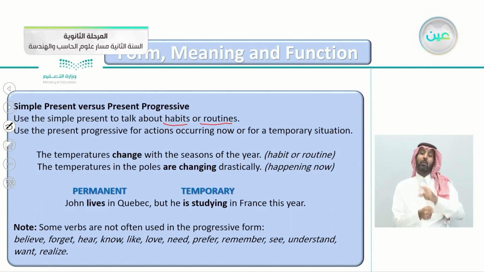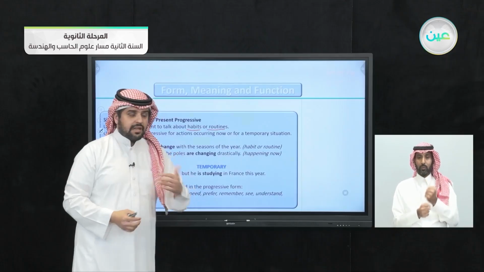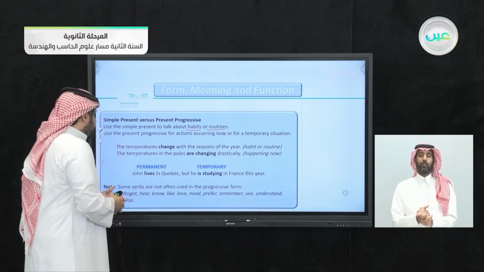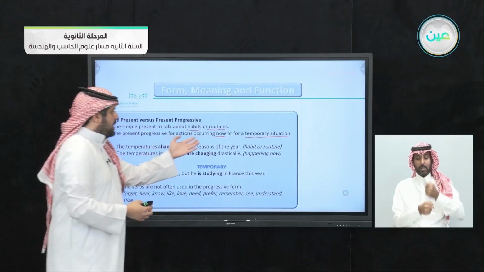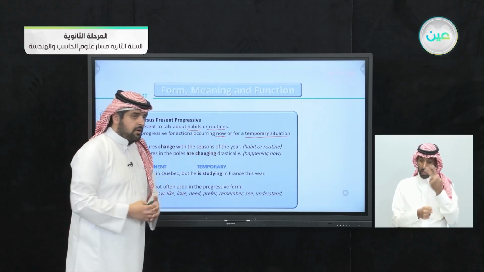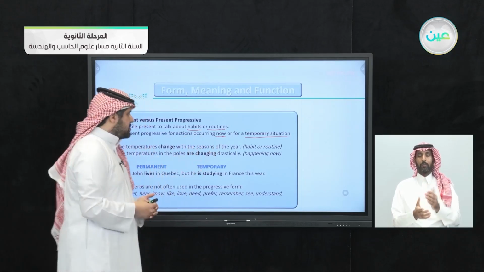We use the present progressive for actions occurring now, or for a temporary situation. So we use the present simple for habits or routines, and the present progressive for actions that are happening now or that are temporary situations.